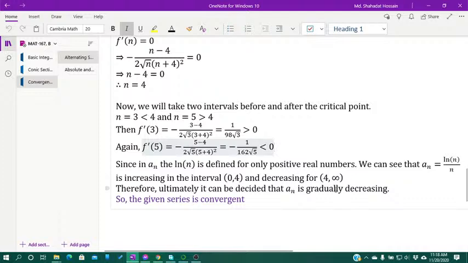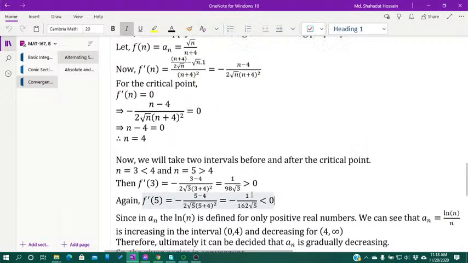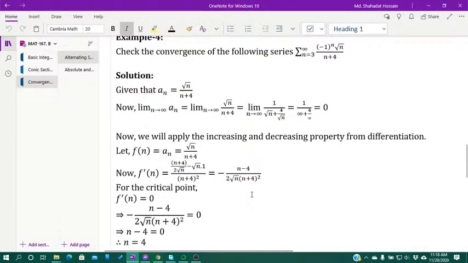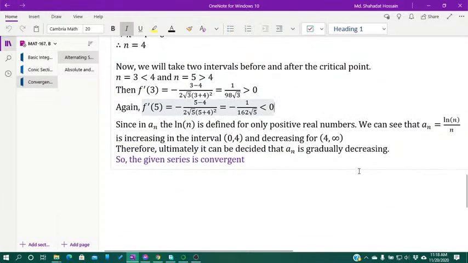So ultimately we can decide that a_n is gradually decreasing. So both conditions are satisfied, that is the limiting value of a_n is equal to 0 and a_n is decreasing. So the given series is convergent.